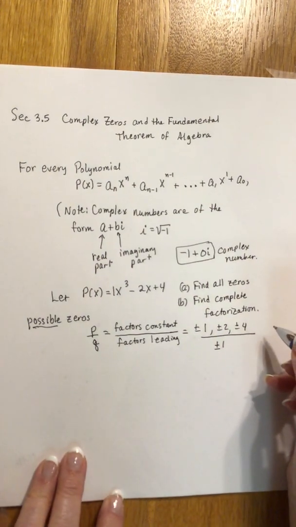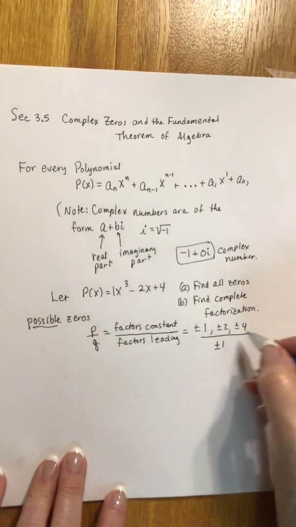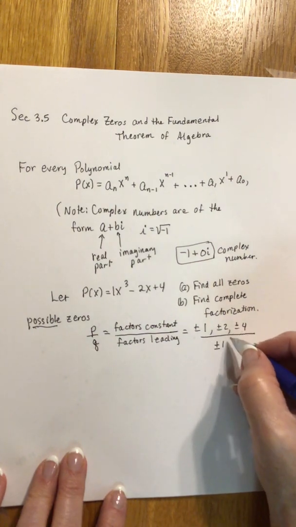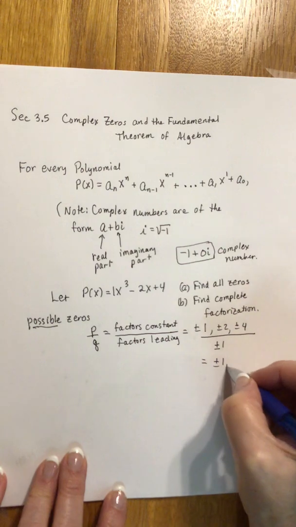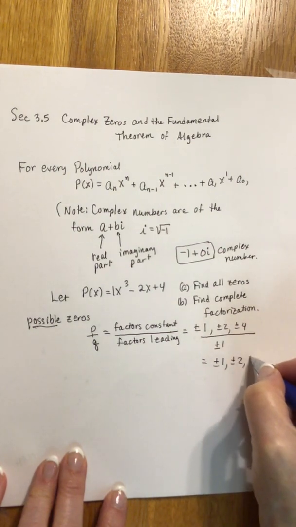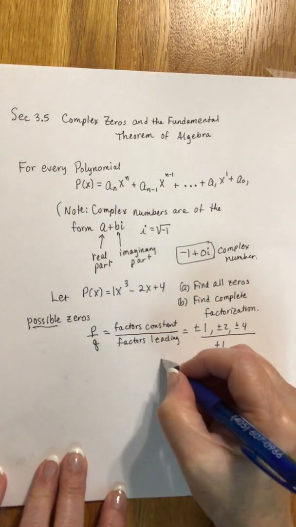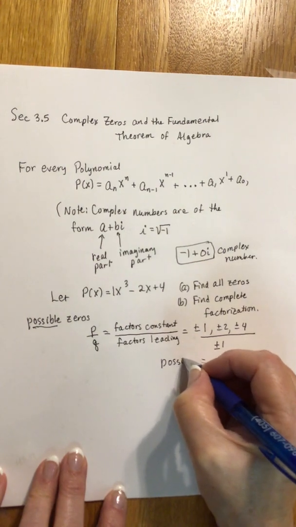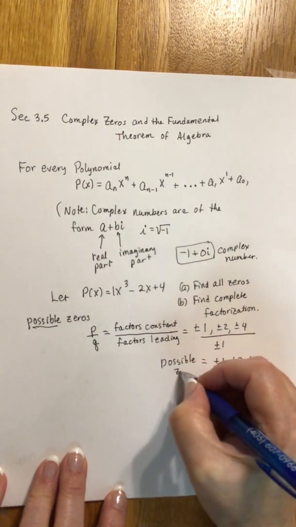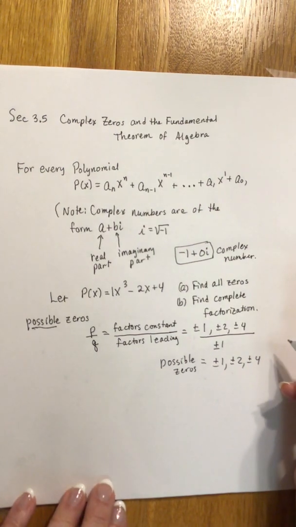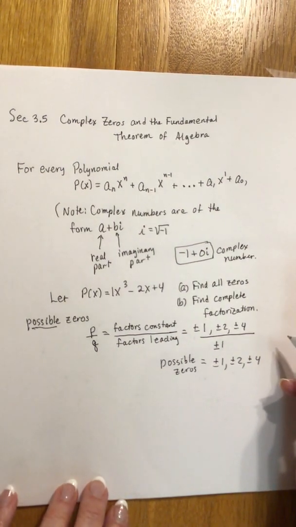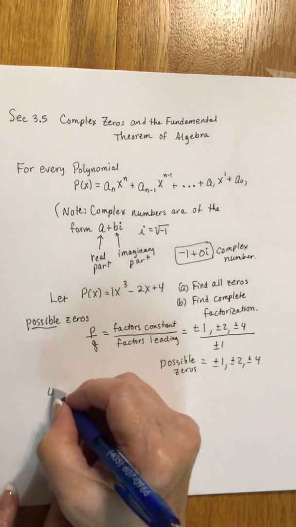So now to find all the possible zeros, we're going to pick from 1 divided by 1, 2 divided by 1, and 4 divided by 1, which gives us plus and minus 1, plus and minus 2, and plus and minus 4 for the possible zeros. So what do we do with the possible zeros to find the actual zeros? Okay, that's when we use synthetic division.